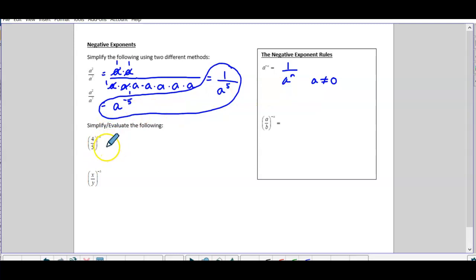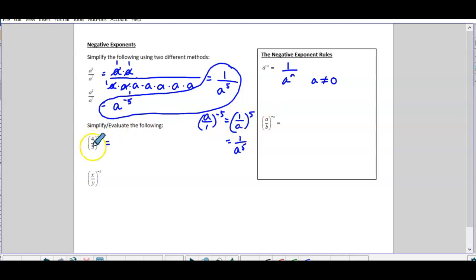Okay, now what if you have a fraction to start? So here, the process is, this is really a is a over 1. And so if you think about this, a over 1 to the negative 5, if we take the reciprocal, then we get 1 over a to the 5. We just never show this step, but the 1 to the 5th is always going to be 1.